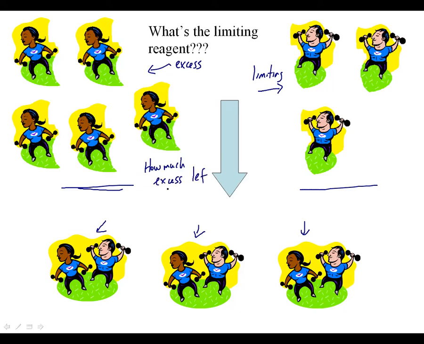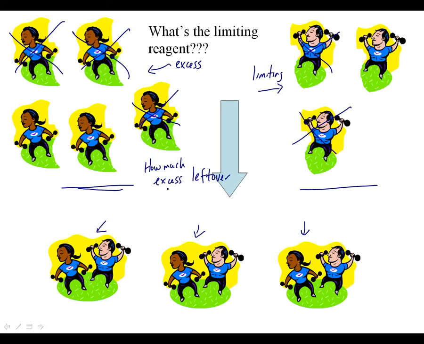Very simple. In order to make workout buddies, we need one girl and one guy. We need one girl and one guy. And one guy. And at this point, we have now used up all of our limiting reagent.